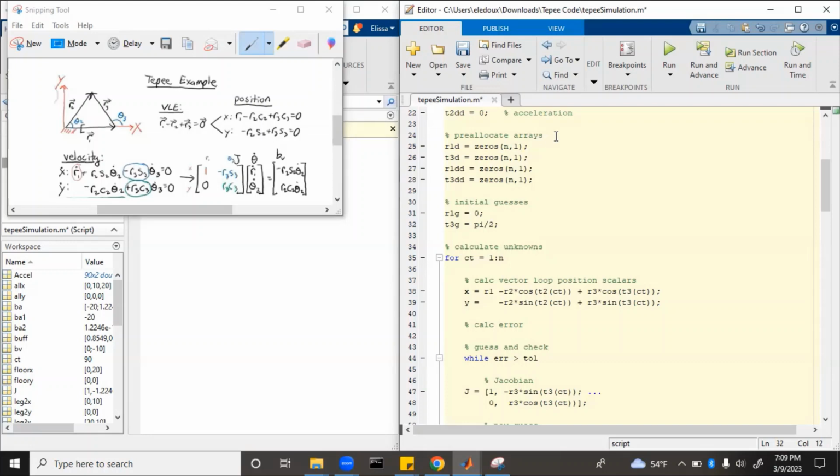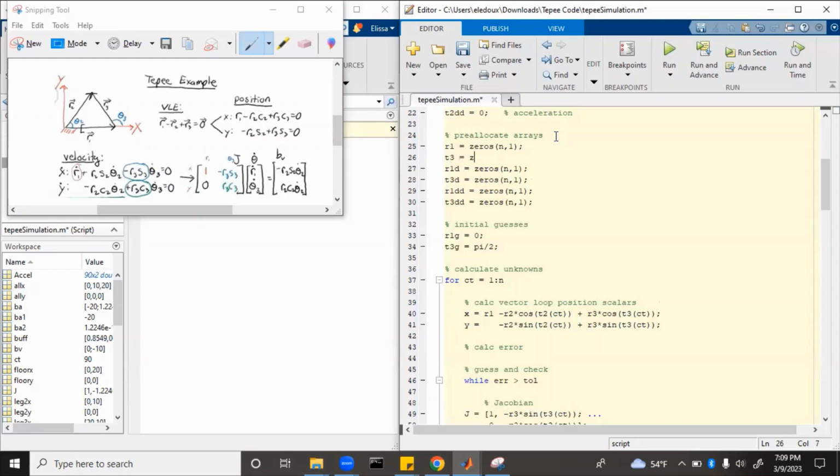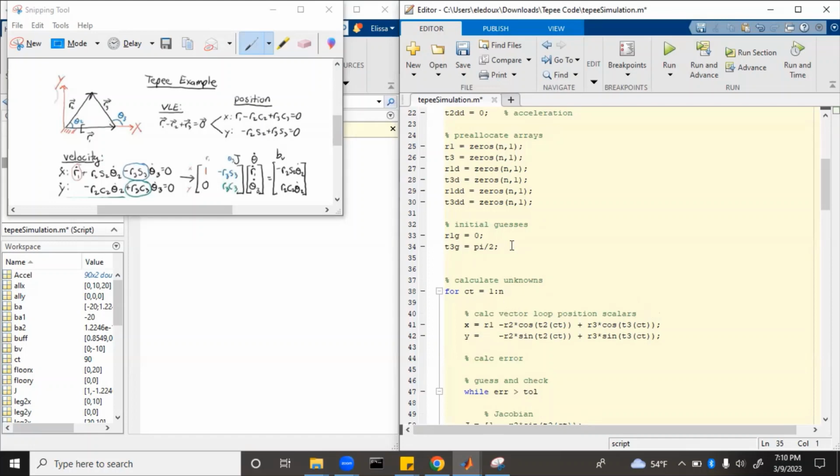Okay, and then we need to pre-allocate some arrays for R1 and T3. So R1 equals zeros of size n by 1, T3 equals zeros of size n by 1. Okay, so now we'll define the guess vector. We have to take those R1G and T3G and put them inside of a vector called guess.